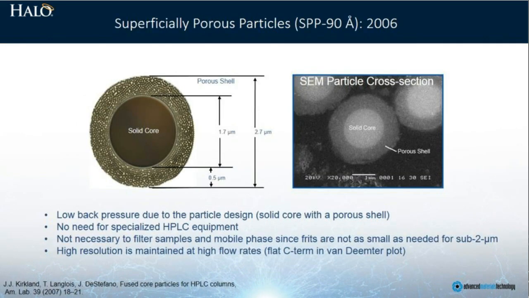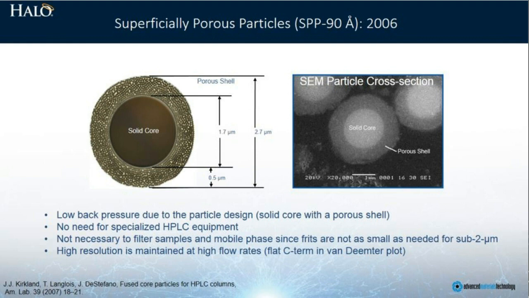It took a number of years, in fact, several decades, to really reduce that conceptual development to full practice in commercially available materials that have been determined to be really useful. Again, on the left-hand side of this slide, you'll see the cartoon depiction of a superficially porous particle, this being the dimensions and specifics of material that AMT brought to market in 2006 with that outer porous shell and internal solid core, 1.7 micron for the internal core, half micron shell thickness.